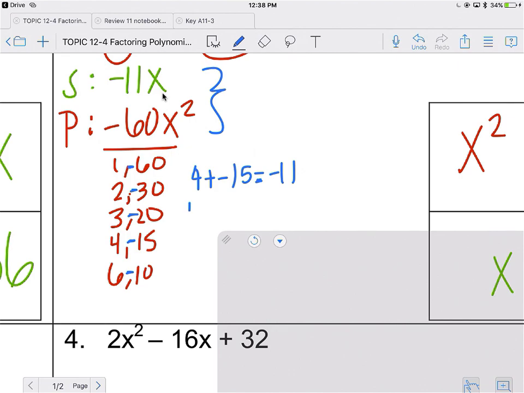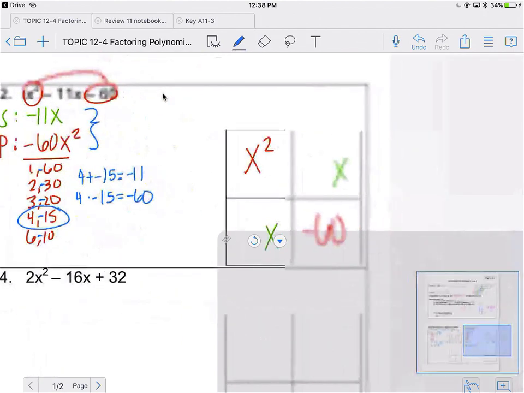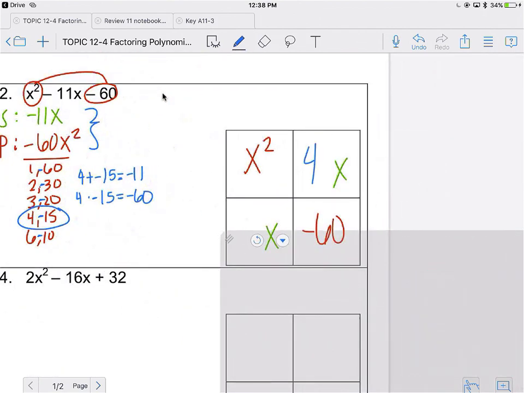And remember, if you want to check, you are more than welcome to use your calculator on this. 4 times negative 15 would give me negative 60. So my factors are going to be a 4x and a negative 15x. And again, you can put that sign if you want. So to figure out what goes on top, I find my GCFs vertically.